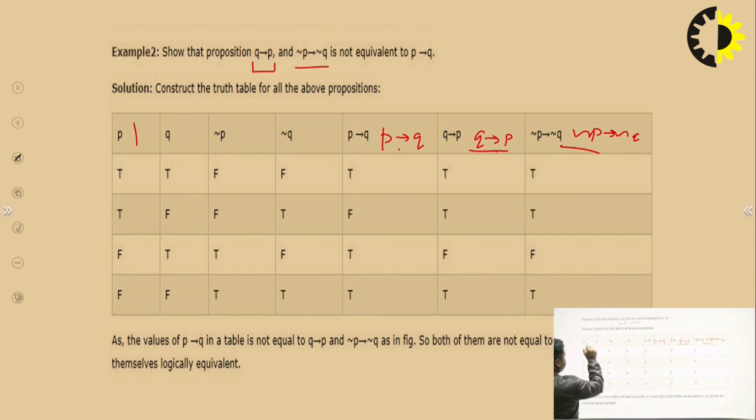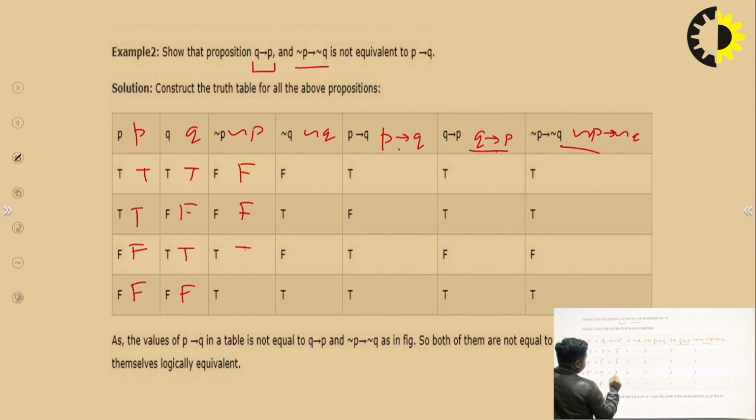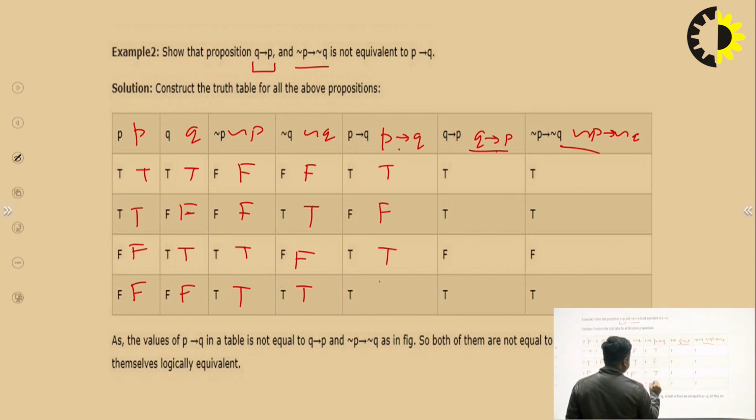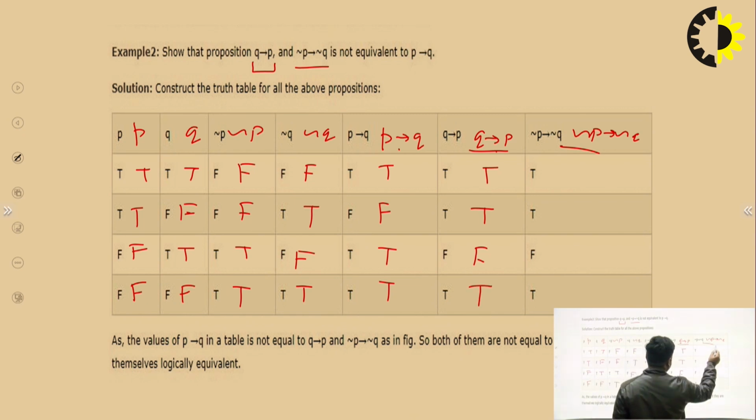So we are writing P, Q, not of P, not of Q because this would be the use. You know how to write. So not of P, not of Q. So P to Q, one statement is false, otherwise all statements are true. Q to P, okay, true, true, this would be the false, the second statement, and this would be true.